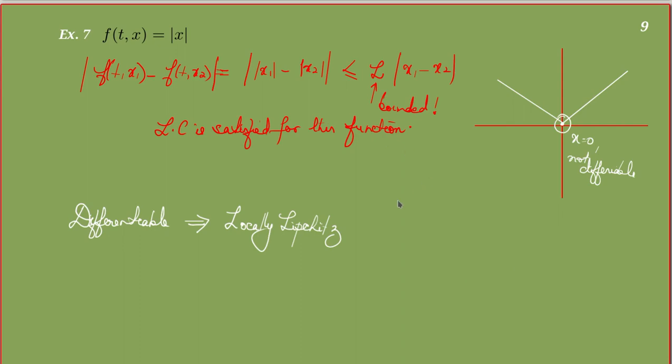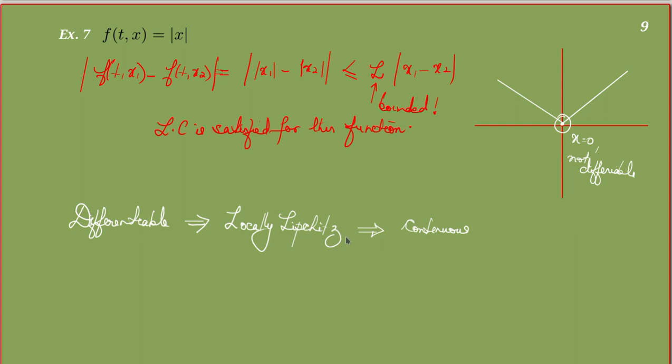Okay. And if a function is locally Lipschitz, definitely the function will be continuous, because Lipschitz is a stronger notion of continuity, showing more closeness of the values with respect to x1 and x2.